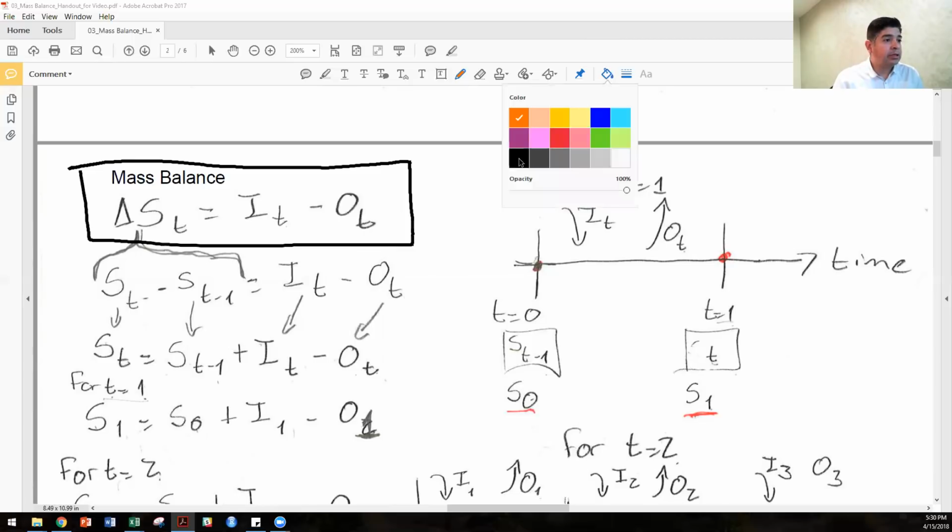That is what I'm showing you for this storage here, at the end of time number 1. Let me see if I can highlight this.